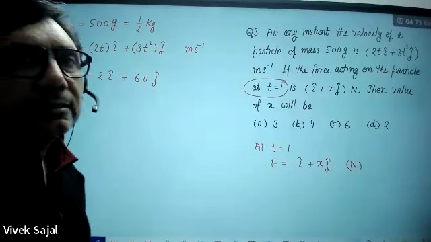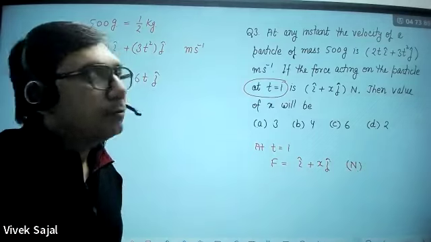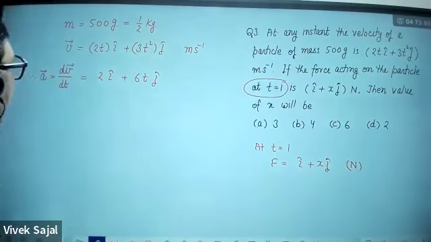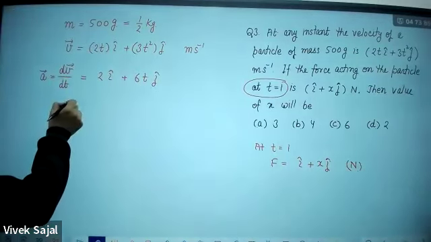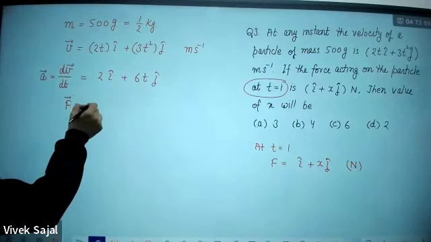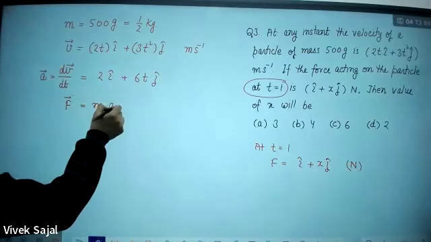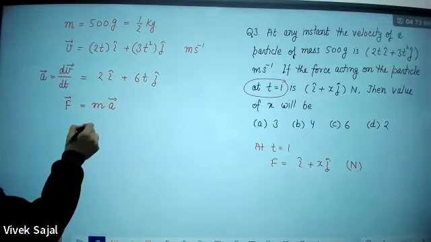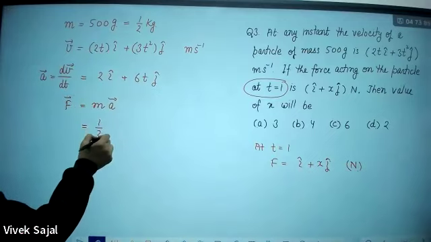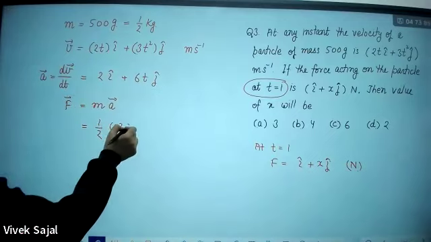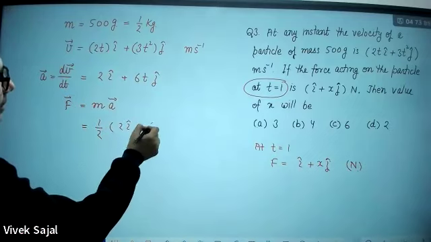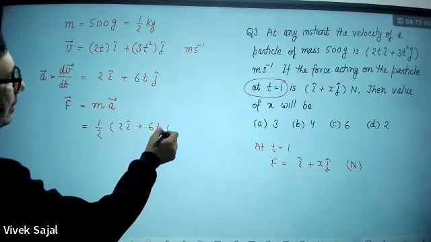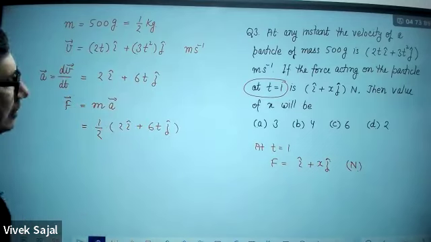If you know the acceleration, you can find out the force acting on this particle. Force will be equal to mass into acceleration. Mass is 1 by 2, and acceleration is 2 i cap plus 6t j cap.